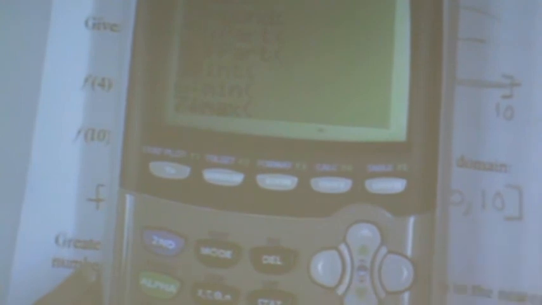You type in math, num, and then go to int, which is 5. That's the greatest integer, right there. Hit that, and now which one do you wanna test? Negative 2.9. What do you think it is? You think it's negative 3. Let's do it. Look at that, negative 3.